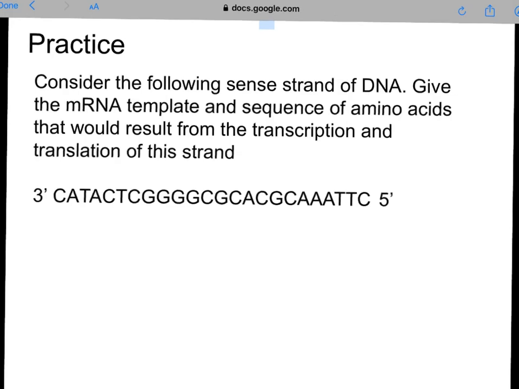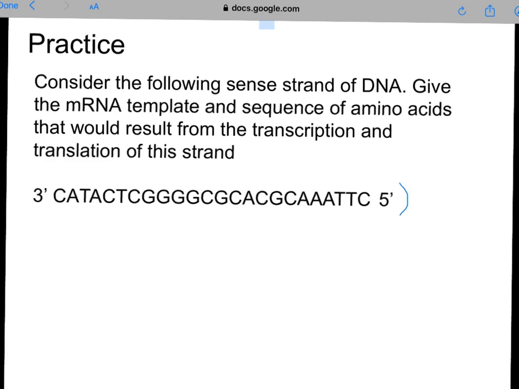So here is an example of a task that you should expect to need to be able to do potentially for the AP exam, or at least for an exam on this unit. Here is a DNA sequence.